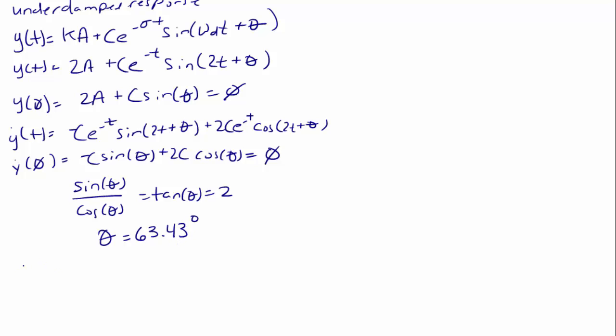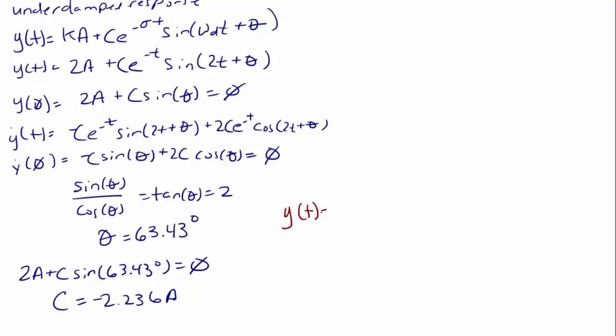And now we substitute this into the first equation: 2A plus C times the sine of 63.43 degrees equals 0. And we solve for C, and C is equal to negative 2.236A.